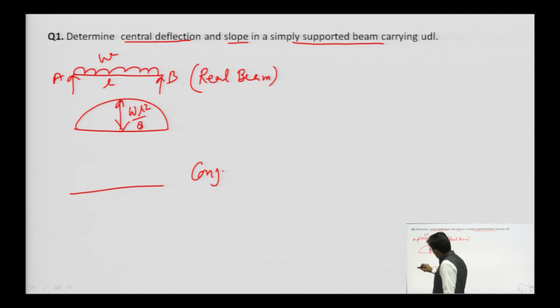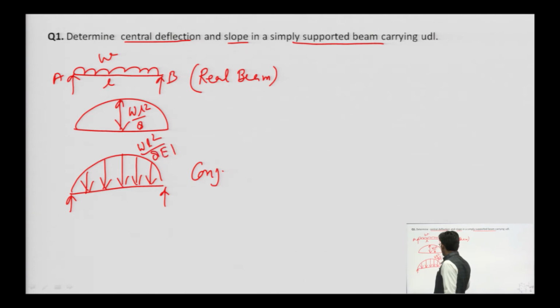The support conditions are outer, so we are not going to change anything here. Its loading peak will be WL square by 8 EI.